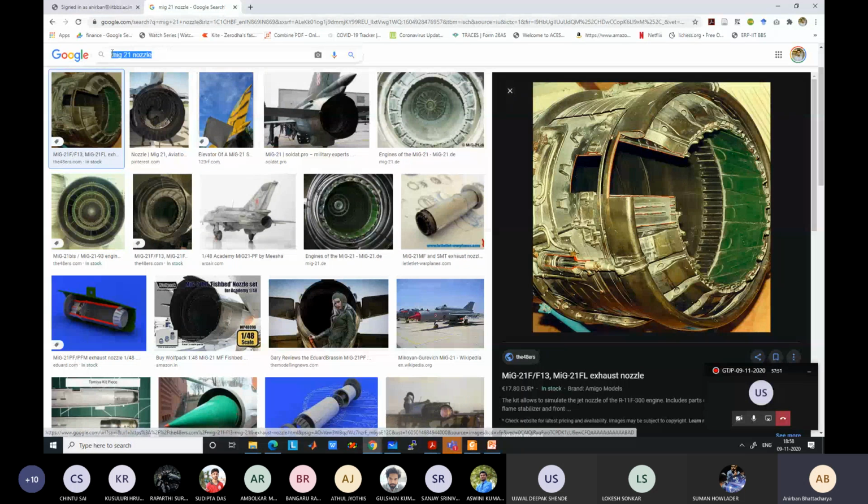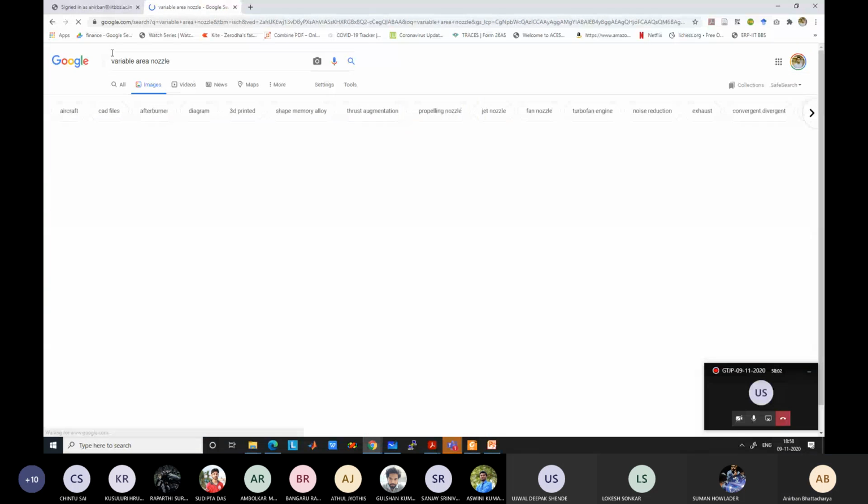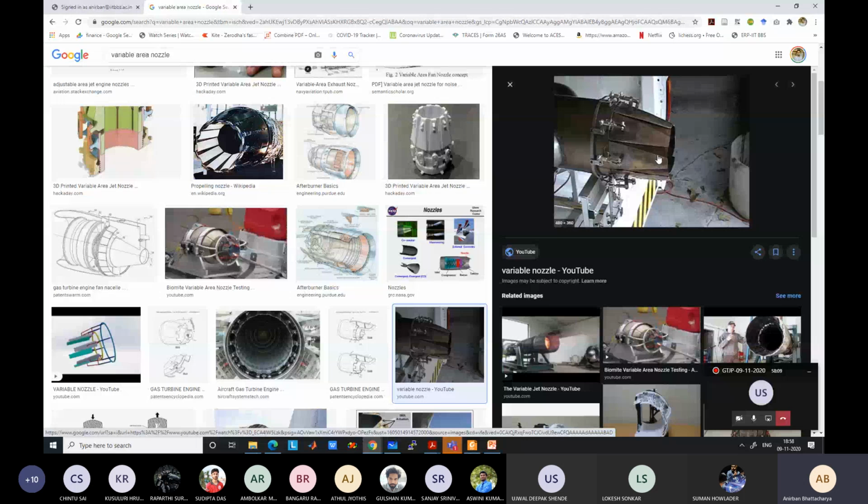The newer engines, some mechanism will be there to change the throat area. And that is much easier for a convergent nozzle as compared to a convergent divergent nozzle.